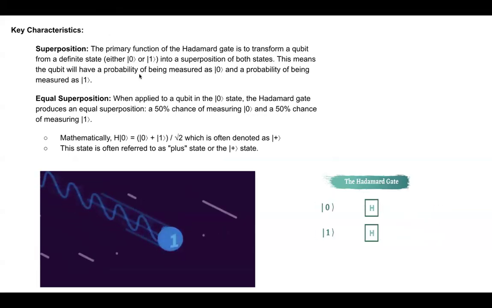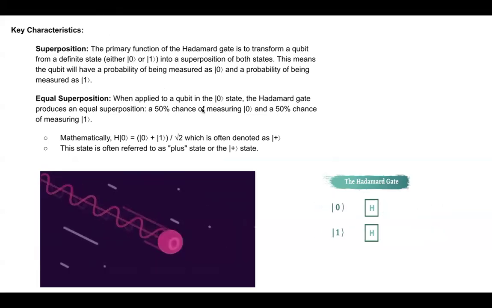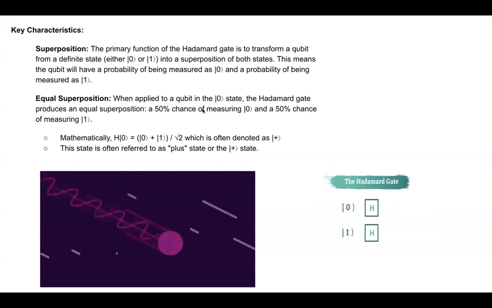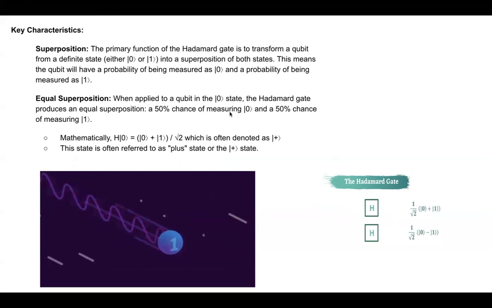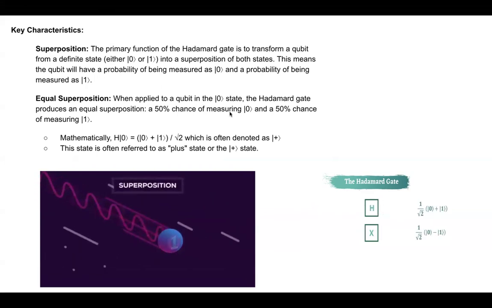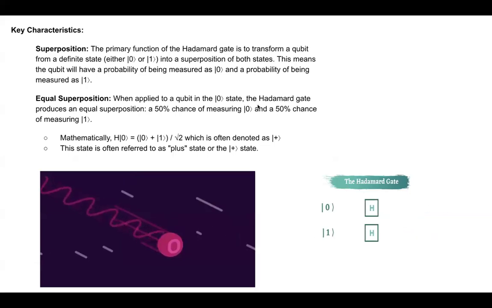So what is a superposition? It's a state in which a qubit can be in multiple states at the same given instant in time. And how does a qubit get into a superposition? You apply the Hadamard gate.